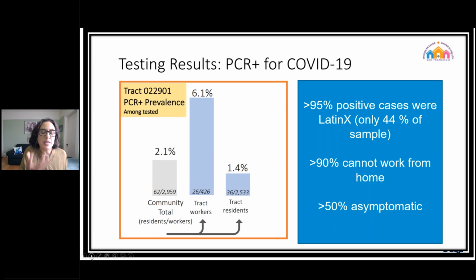Importantly, while this census tract is predominantly Latino, it actually is also a very gentrified area of the city. And the most recent data suggests that about 44% of the census tract is Latino, and about 44% are white, with the rest in other races and ethnicities.